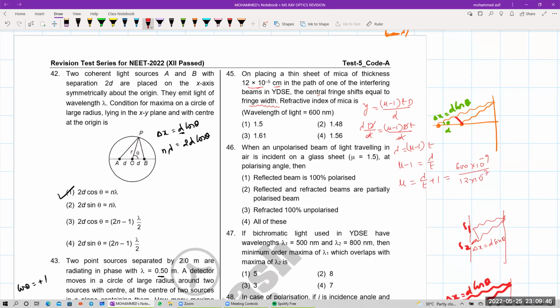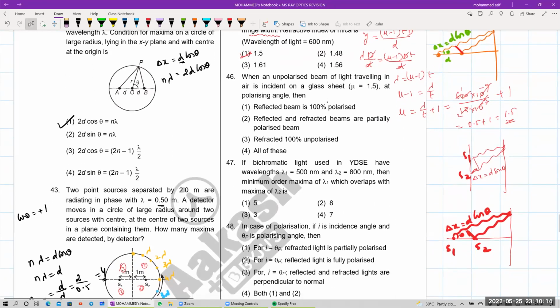Plus 1 with this. So see what value comes, beta. 6 1 6 2, this goes, this goes, this goes. 6 1 6 2 12, that is 1/2. 1/2 means 0.5 plus 1, so this will be equal to 1.5. So refractive index of the sheet will be equal to 1 point 5. Okay, very good.